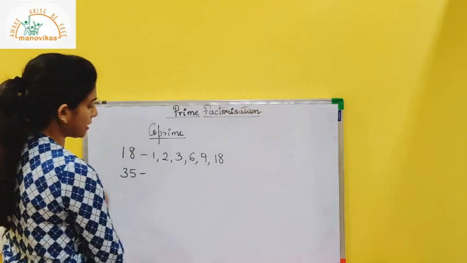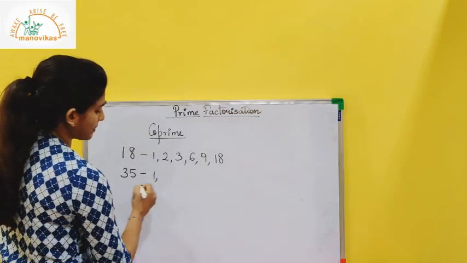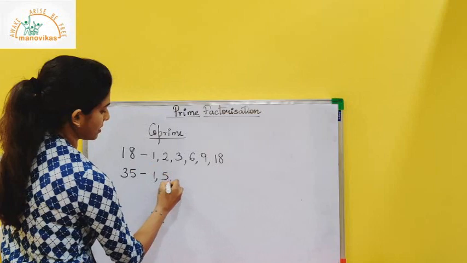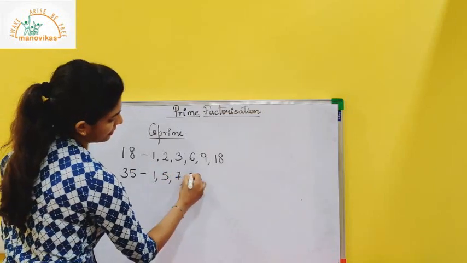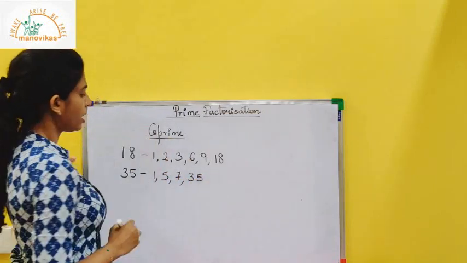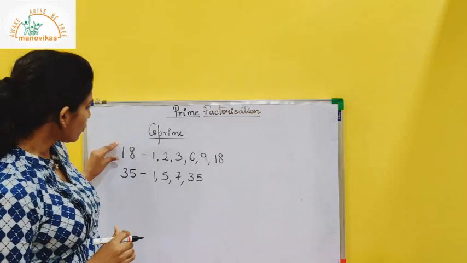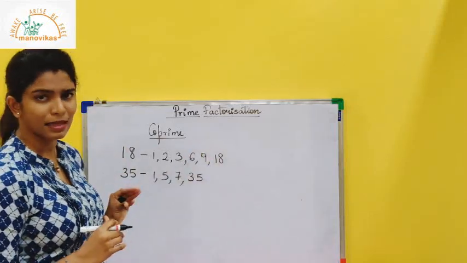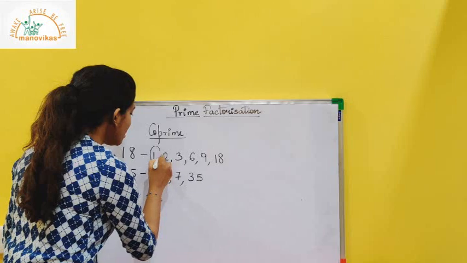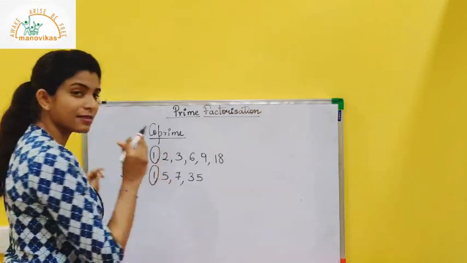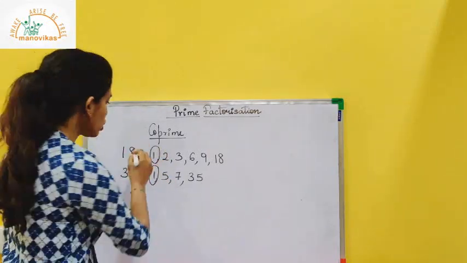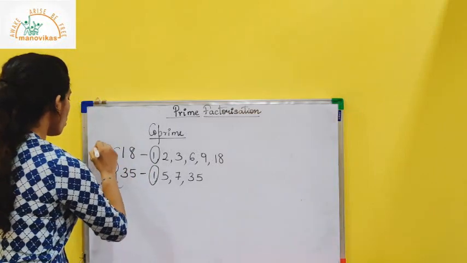We will write factors of 35. 1 35s are 35, 5 7s are 35, 7 5s are 35 and 35. Now if you see here, we have to see which are the common numbers here. There is only one factor, that is 1, which is common in both. So these are co-prime numbers.